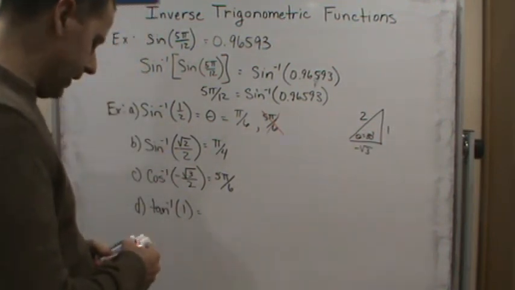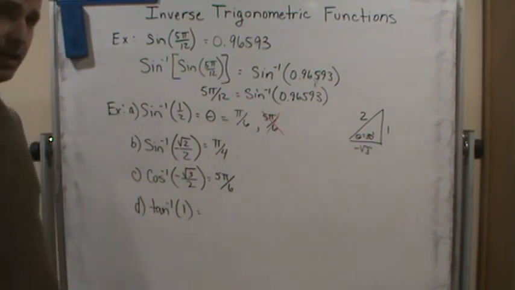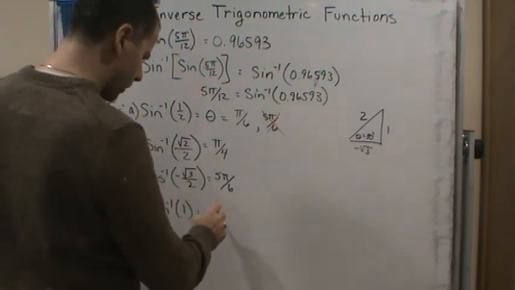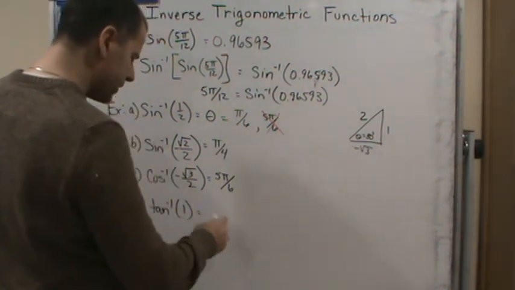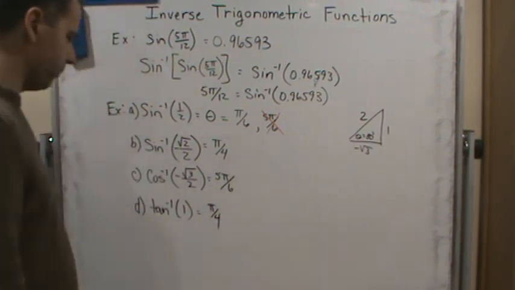So we know that it's going to be a 45 degree angle, but tangent is positive in the first and the third, the first and third quadrants. So we know this is going to be, the reference angle is going to be pi over 4, right?